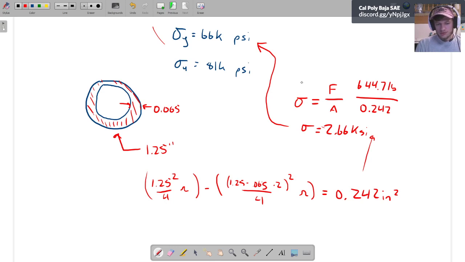So, cool. Our chassis is not going to be the thing, or at least that member of our chassis should be strong enough for a 10G horizontal impact. Some of you might be saying, well, if it's 66,000 minus 2.6 thousand, that's a safety factor of almost 30, right? Why would they have to be so big? Why do they have to be so thick? The real issue with those members is actually the bending strength.